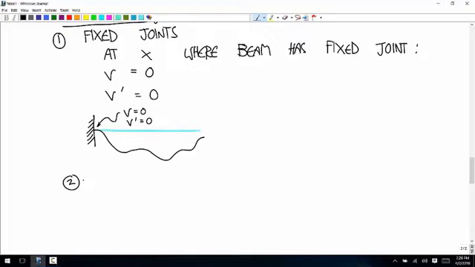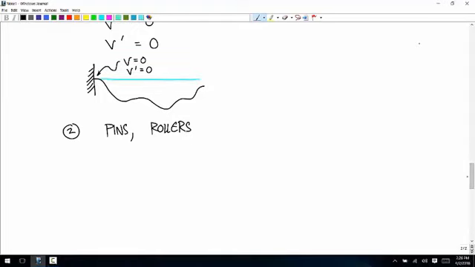Okay, and then the other type of joints that we're going to deal with are pins and rollers. You treat both of those the same. At those, we just know that the deflection is equal to 0. We don't know anything about the slope.